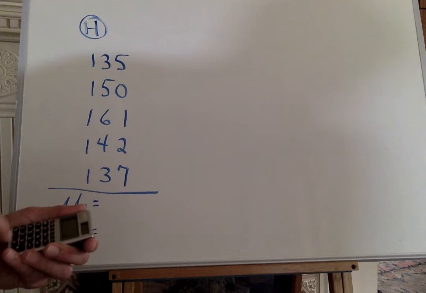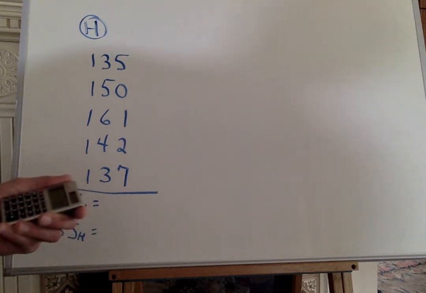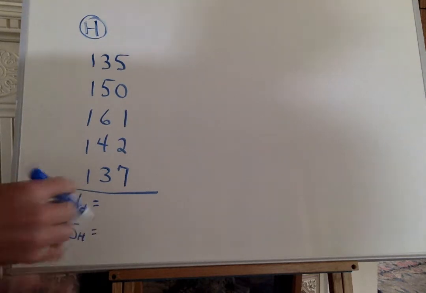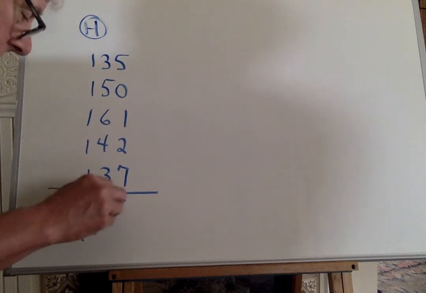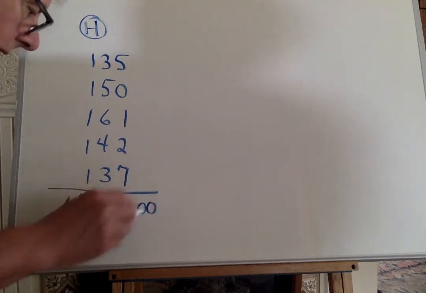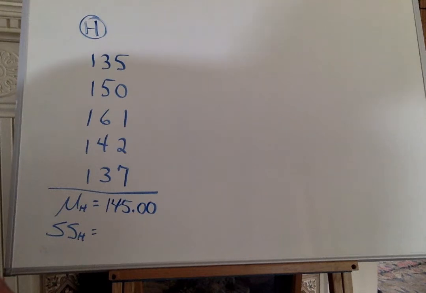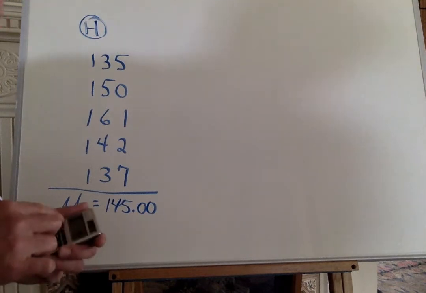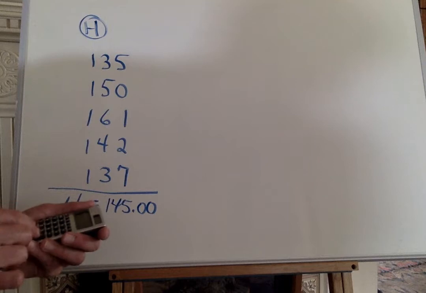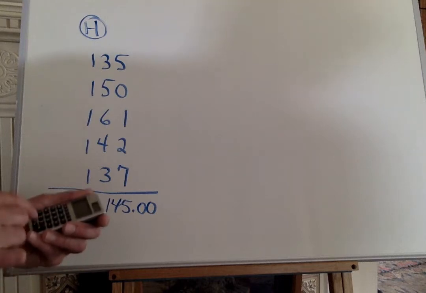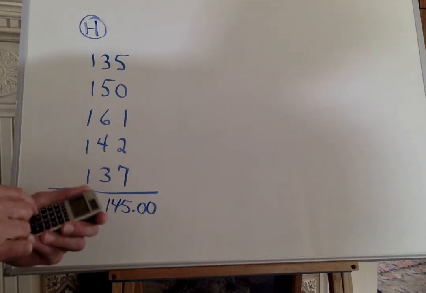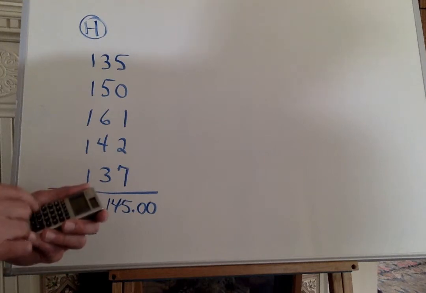Divide by 5 in this case, and the average is 145. Well, I was wrong. Of course, that's okay. But 152, 145, not that far off, right? Let me just double check, make sure. I'm always going to double check my answers.